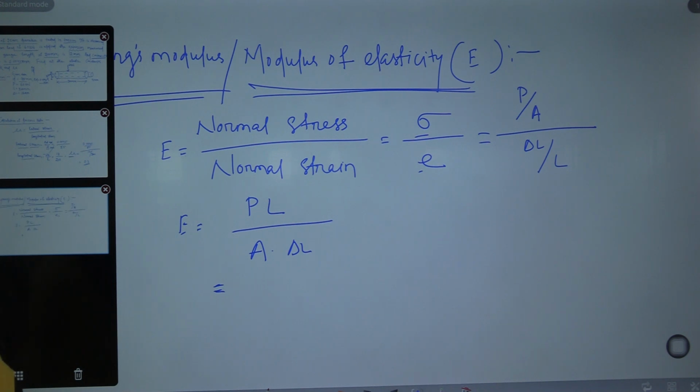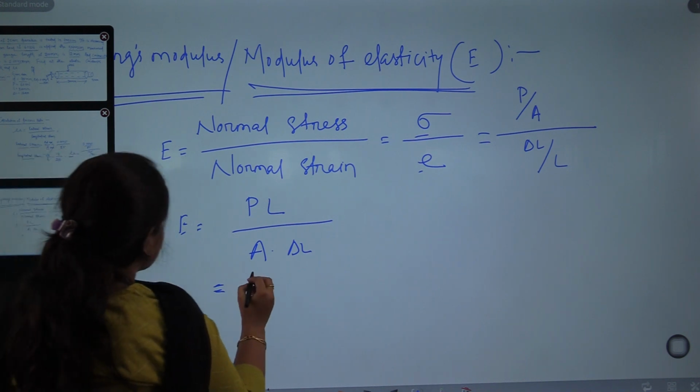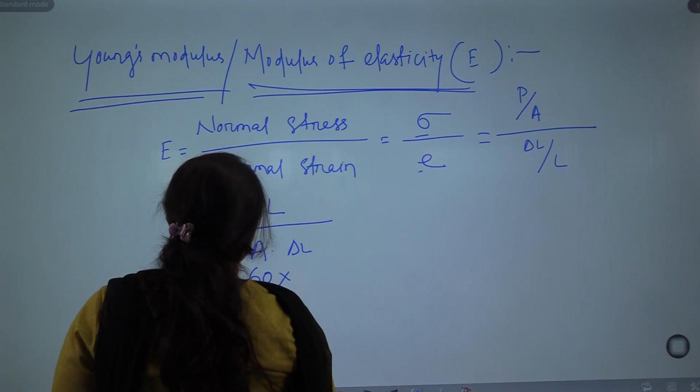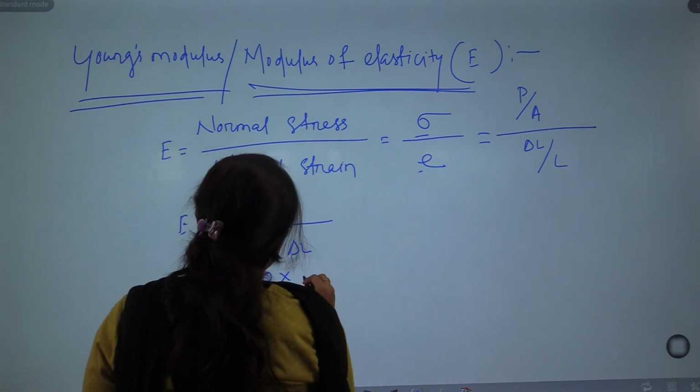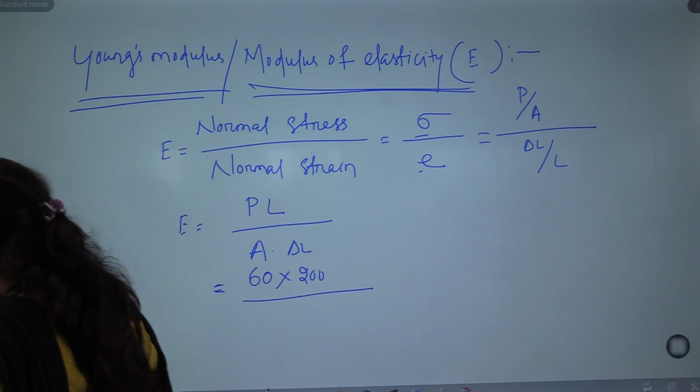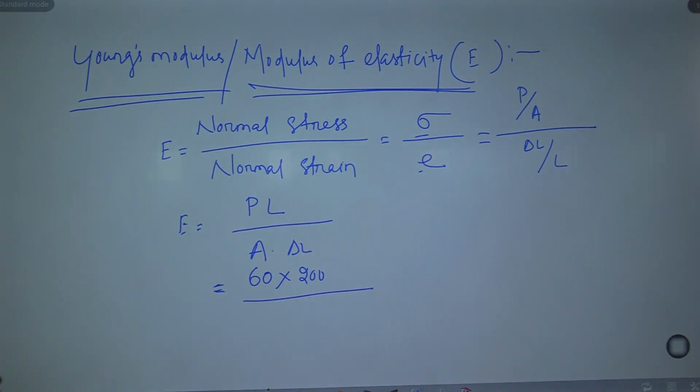The value of P is 60 kilonewton, and L is 200. How to calculate the area?